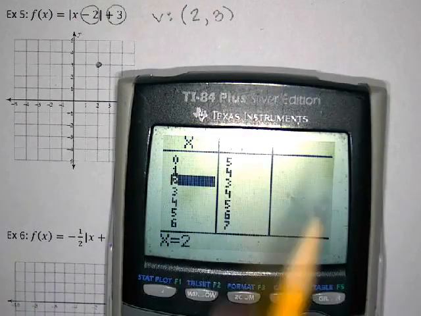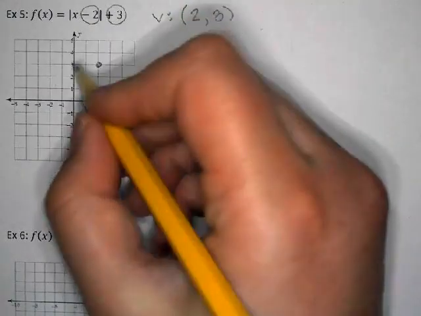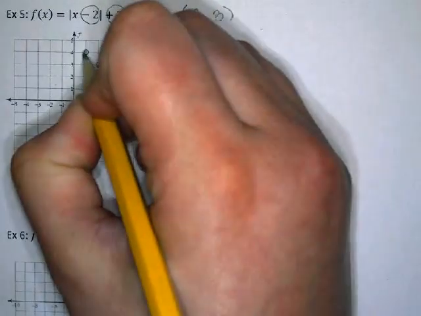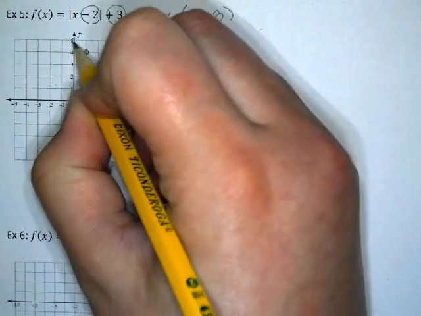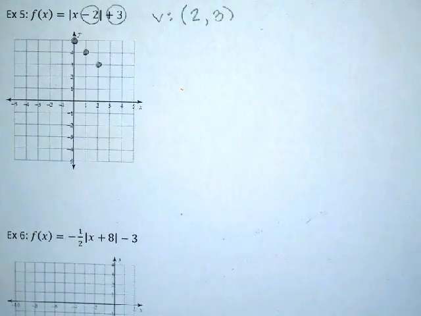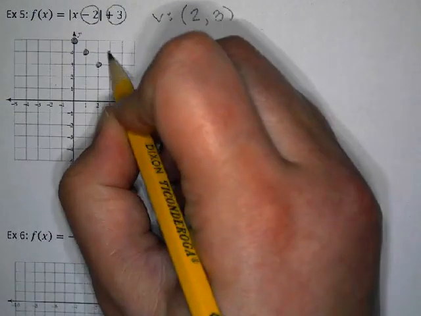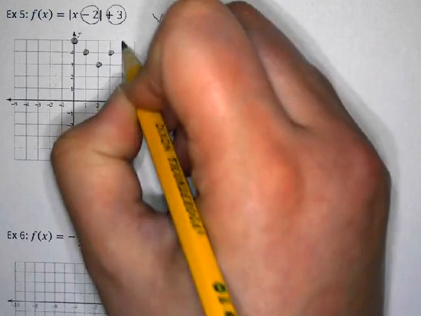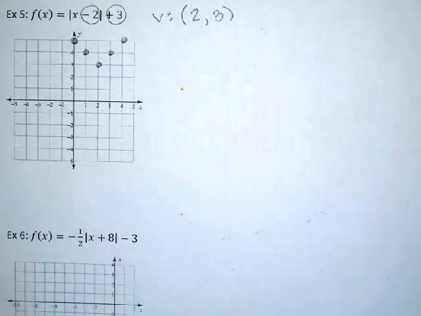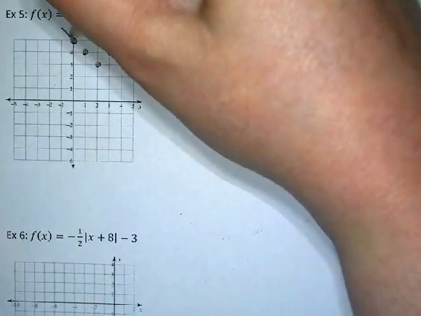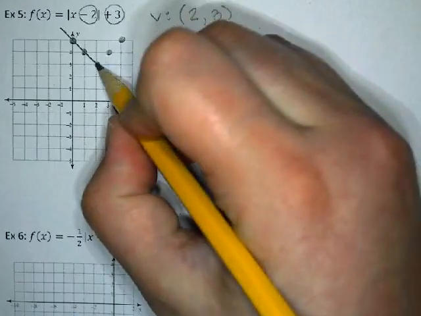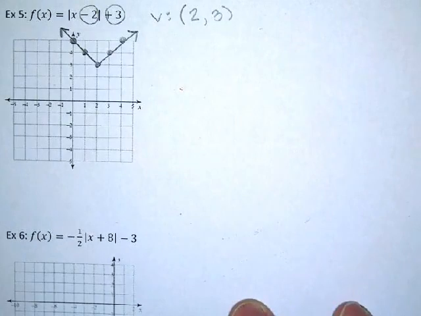So 1, 4, 0, 5, and then 3, 4, 4, 5. There's my V-shaped graph.